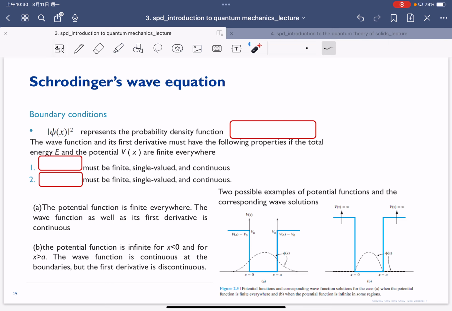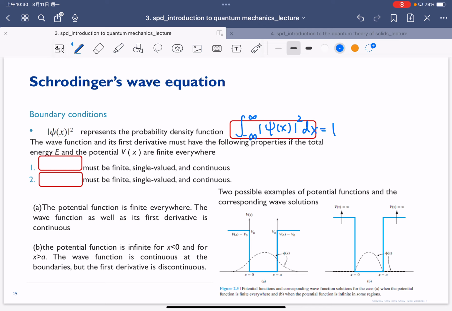So again, this represents the probability density function, and that means if you do the integration from minus to positive infinity, that will be equal to 1. That's for sure, because you integrate every possibility, and in the end it becomes 100%. So that's equal to 1.